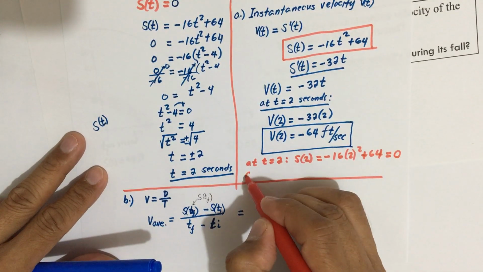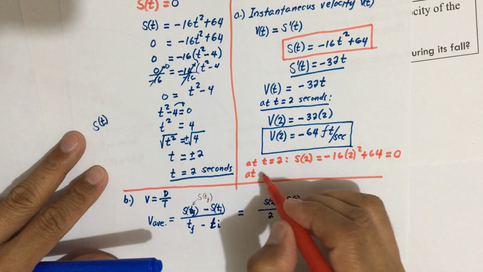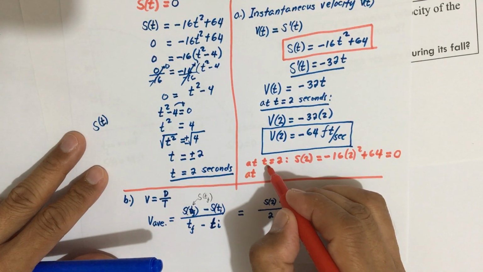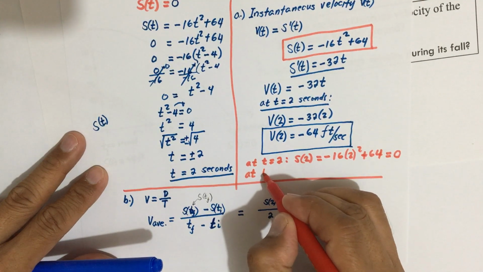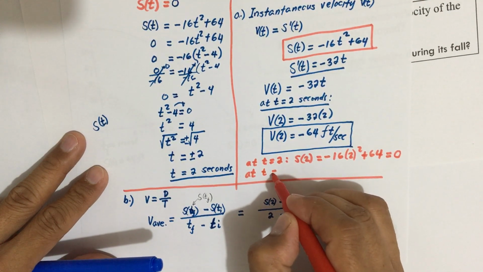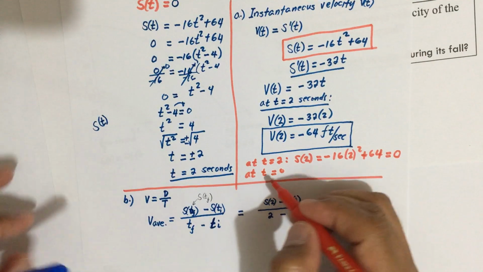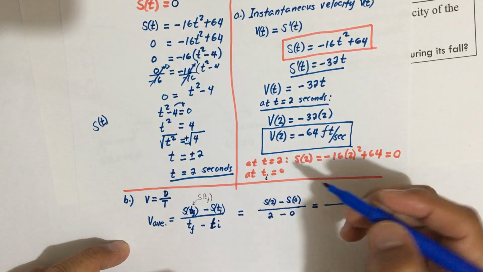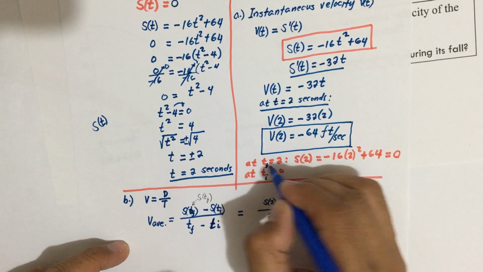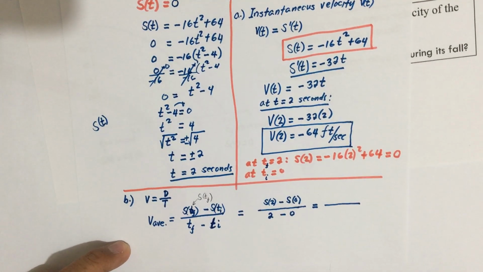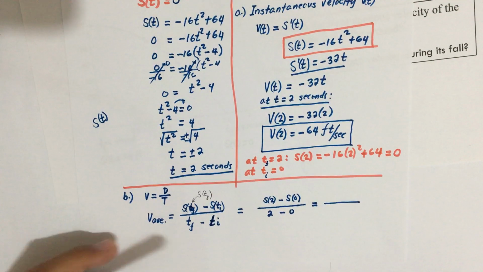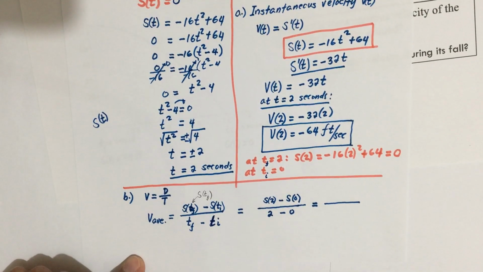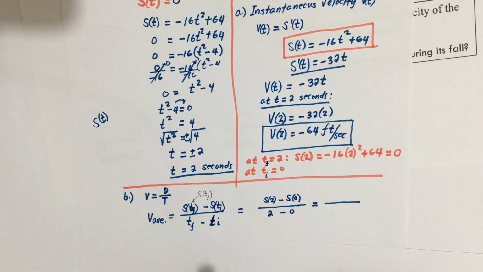Now at t equal to 0 second, this is our initial time ti, and this is our tf. So at ti equal to 0, you just substitute it here.